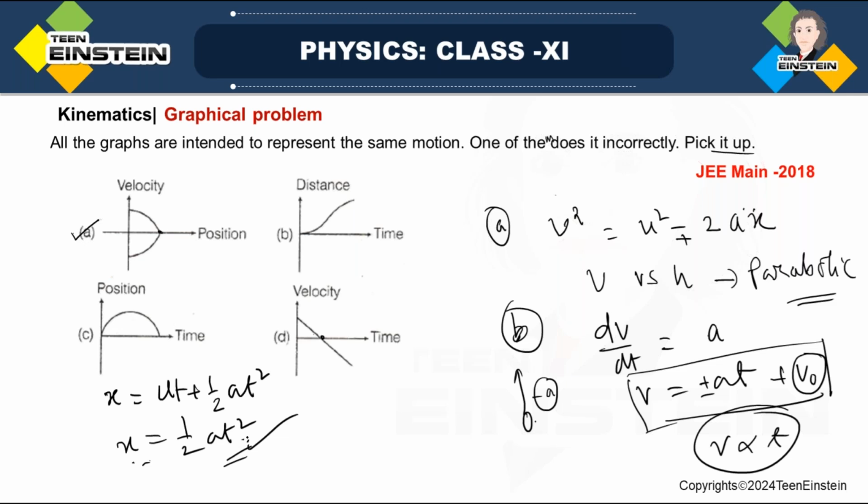Sometimes it should have a positive slope, sometimes a negative slope, but it is not showing the same thing. First of all, it is not given as a parabolic curve. It has a positive slope, but the negative slope is not that prominent.